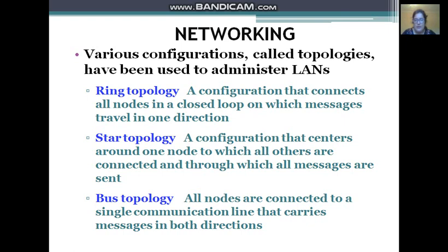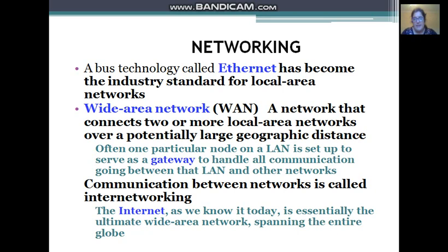Bus topology: all nodes are connected to a single communication line that carries messages in both directions. A bus technology called Ethernet has become the industry standard for local area networks.